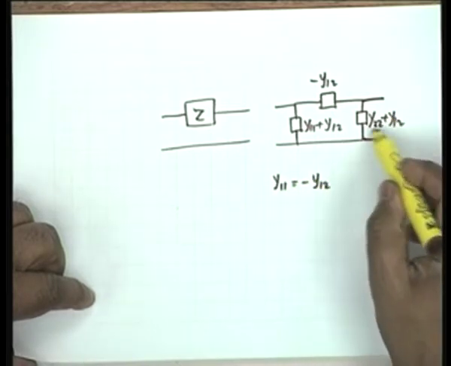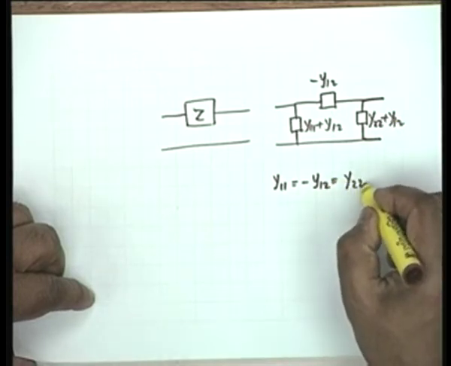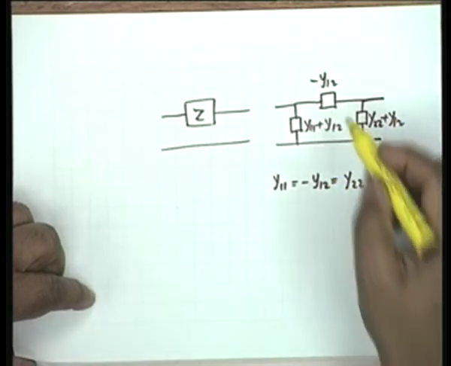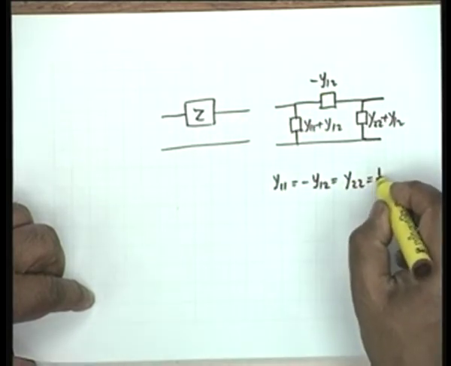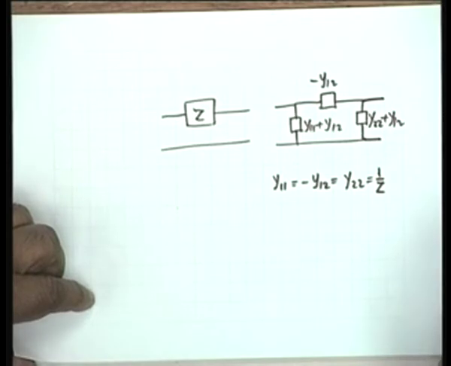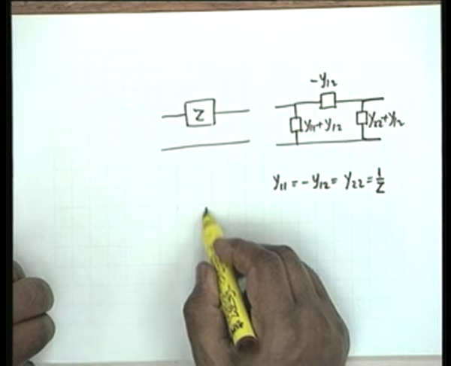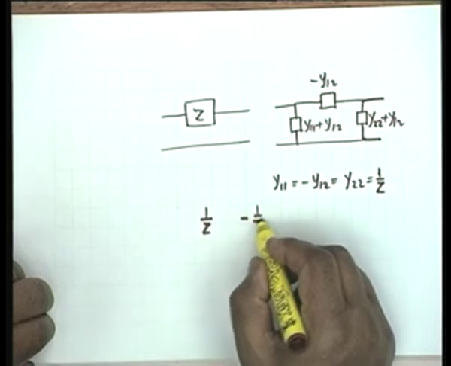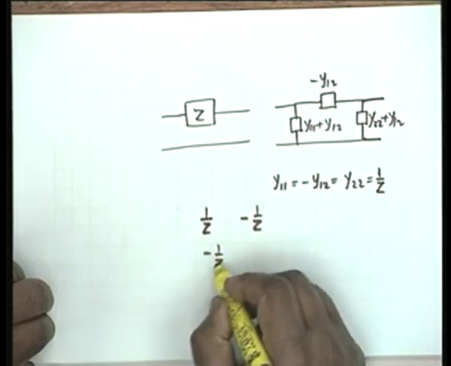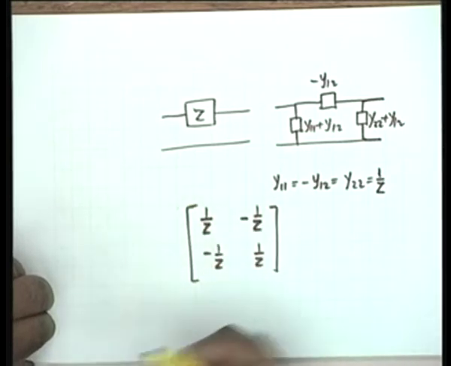Similarly, this is also 0, therefore this is equal to y22. And what is minus y12? In comparison, this is equal to 1 by z, and therefore our y matrix would be 1 by z, minus 1 by z, minus 1 by z, 1 by z. Is that okay? These are the y parameters.